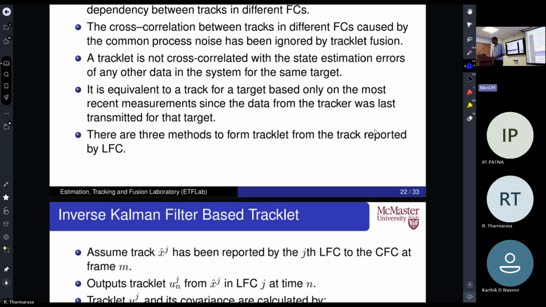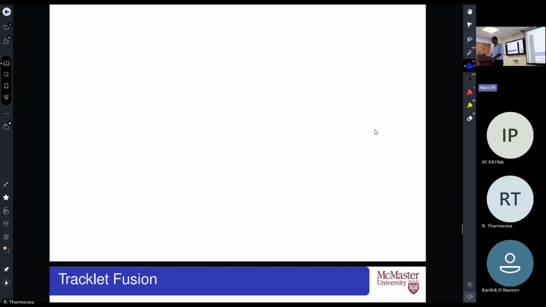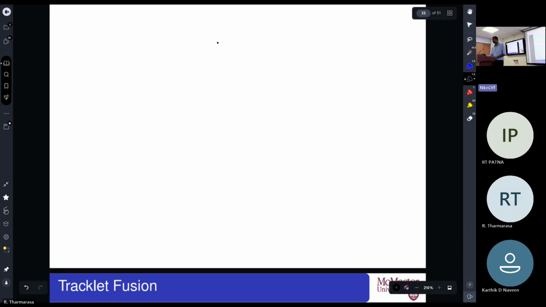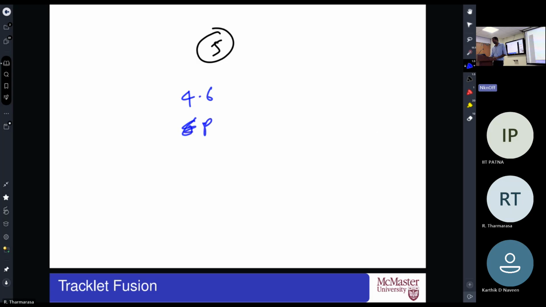Okay, the problem is this. So the actual value is say a scalar value 5. You don't know that value, you have estimators. One says my estimate is 4.6 and my sigma or P covariance is 2.1.